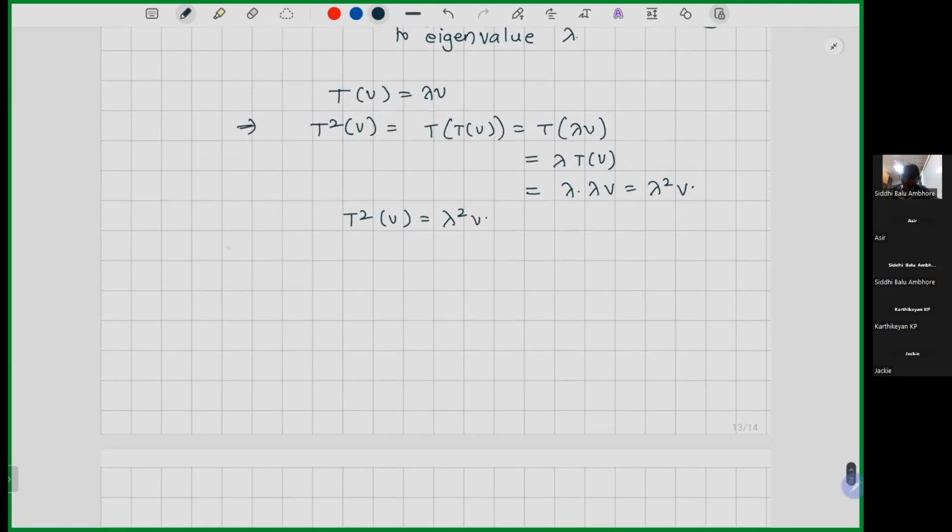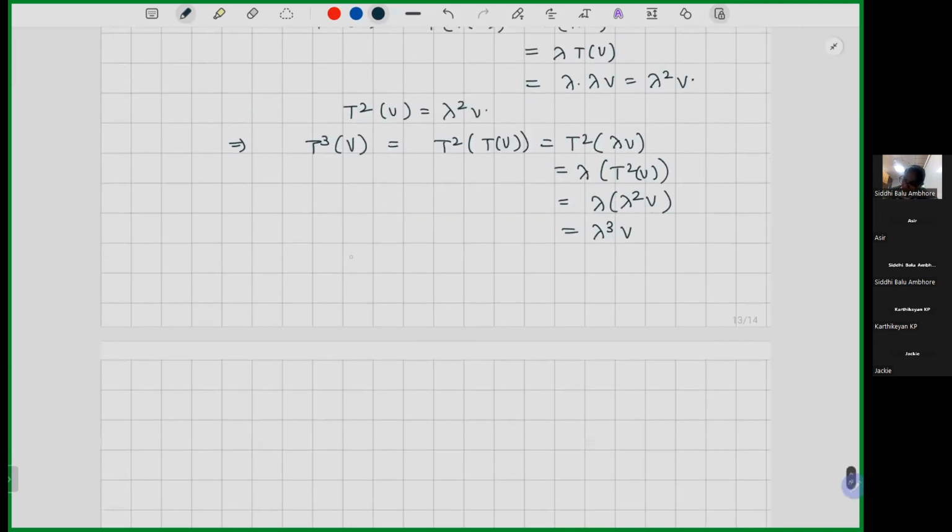And I can just continue this. Let me just write for 3. It will be T square of Tv, which is T square of lambda v, which is lambda into T square v. So which is lambda into lambda square v. So this is lambda cube v.